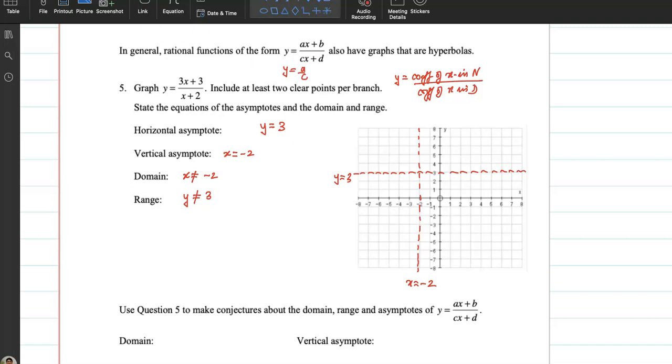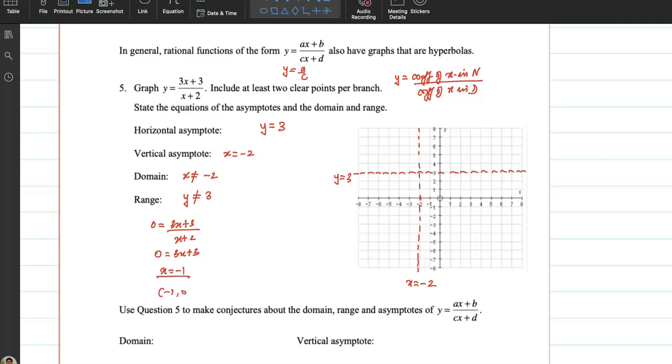To find out the x-intercept, you put y is equal to 0. So to find out the x-intercept, put y is equal to 0. Cross multiply. 0 is equal to 3x plus 3. So x is equal to minus 1. So minus 1 comma 0.